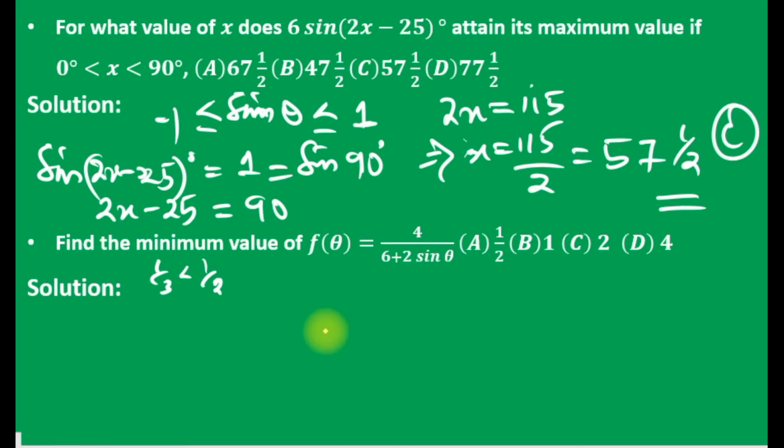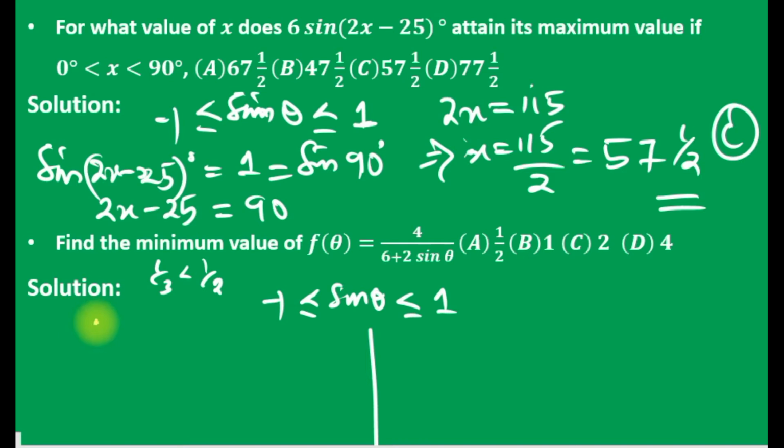So how do you do it? We now concentrate on this. Remember that for sine, the minimum value is -1, while the maximum is 1. So what will I replace this with, such that this will result in a very large number? Meaning I'm taking the largest value of sine theta, which is 1.